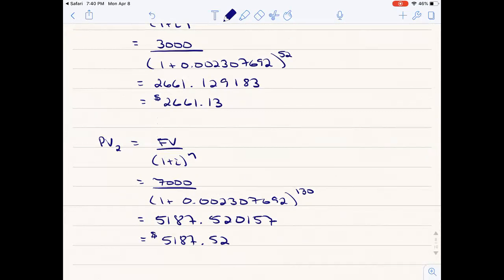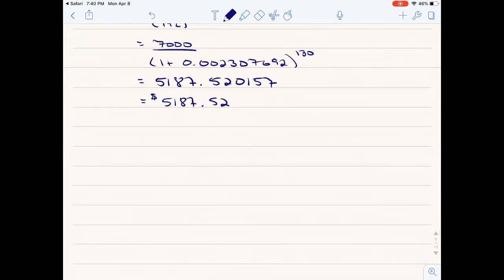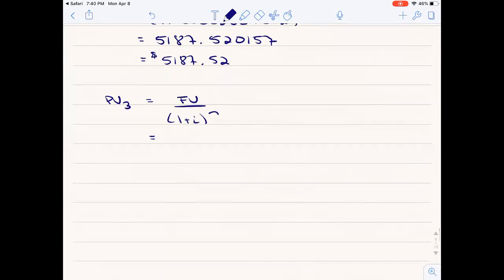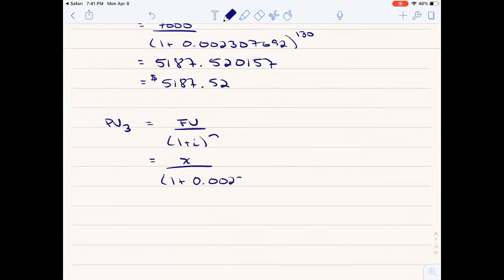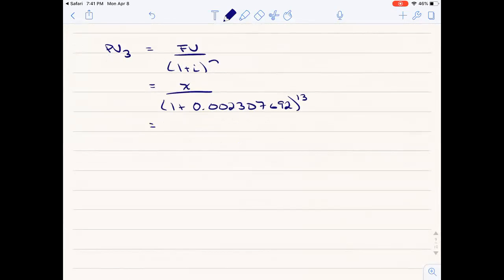Present value 1 plus present value 2, that's going to be the total value of the original contract. So that's the total that we're working towards. But we're going to keep going and find our present value 3, which is the future value over 1 plus I to the power of n. The future value here is just x. And so x, which we don't know, over 1 plus 0.00230769 to the power of 13. 1 plus recall 1 to the power of 13.